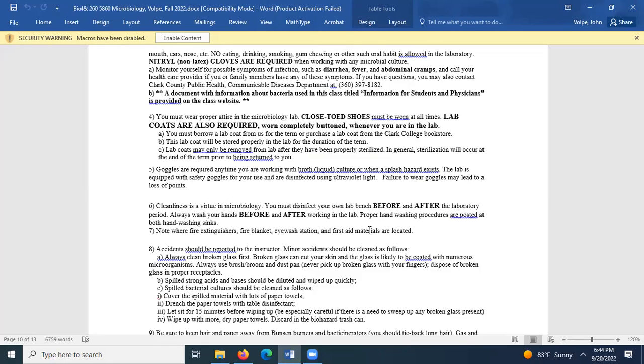And then you do your work, and then when you're all done, the last thing you do in the lab is you wash down the workbench area with disinfectant and wipe it down with a paper towel. I'll put that in the garbage.